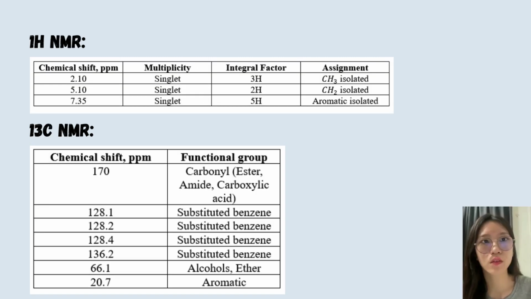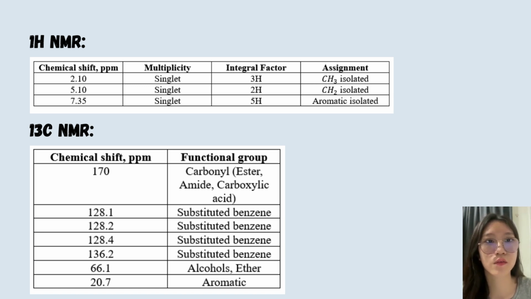For the 1H NMR, the chemical shift is 2.1 ppm with the multiplicity of single and integral factor of 3H. This means that the NMR peak has only a single peak and it has 3 hydrogen, so it assigns a CH3 isolated.